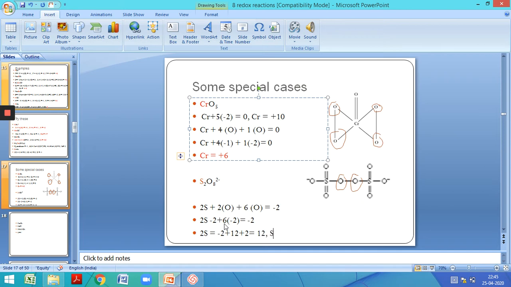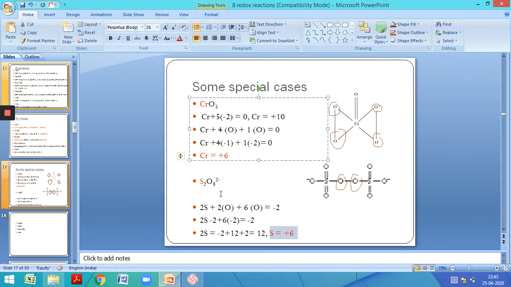So sulfur has an oxidation number of +6 in this. This is how we calculate the oxidation number of sulfur in S2O8²⁻.